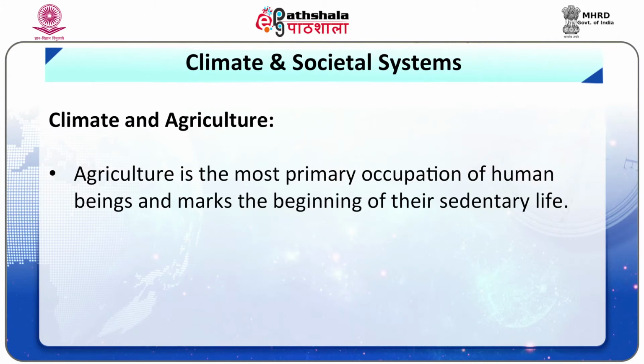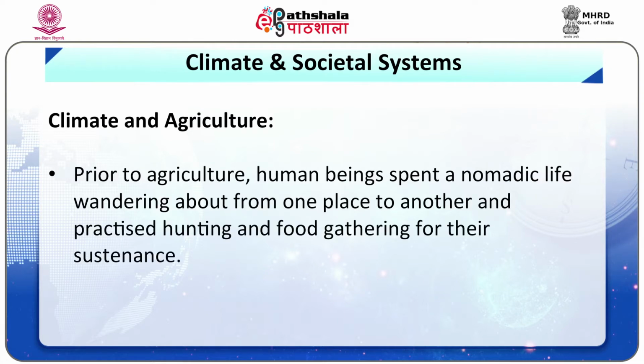Now in agriculture, which is the most primary occupation of human beings and marks the beginning of the sedentary life, prior to agriculture, human beings spent a nomadic life wandering from one place to another and practiced hunting and food gathering for their sustenance.